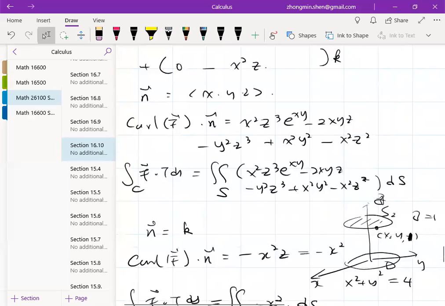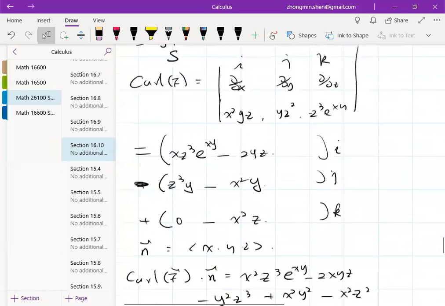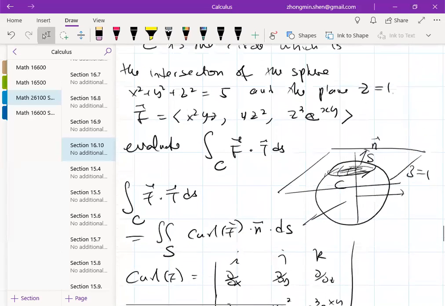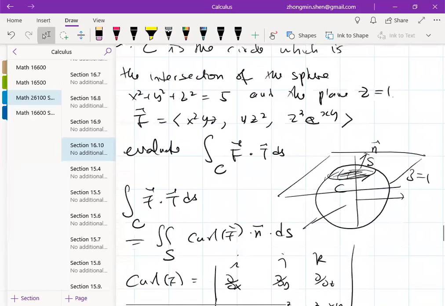I shouldn't use that. I should begin with the flat disk. Okay. So if you want to do that directly, you have to wisely choose a surface. If you integrate this line integral directly, can you do that? Yes, but you will see.